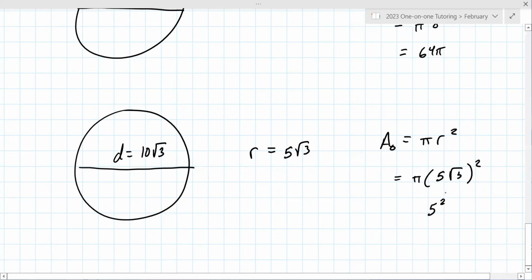You square each part: 5 squared, and then square root of 3 squared. Now 5 squared is 25. The square undoes the square root, so that would just be 3. 25 times 3, bring the pi down. So this is 75 pi.